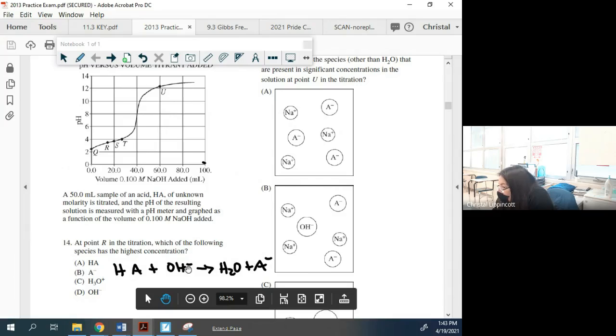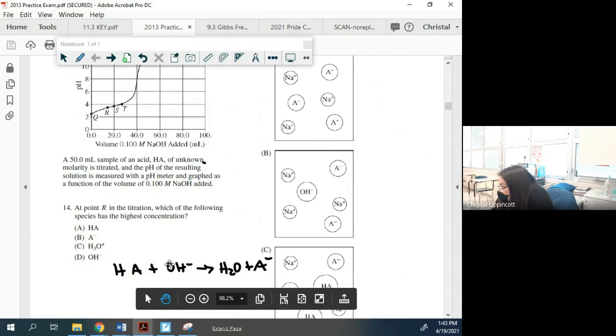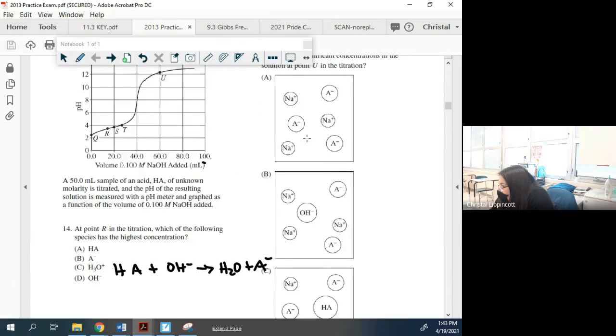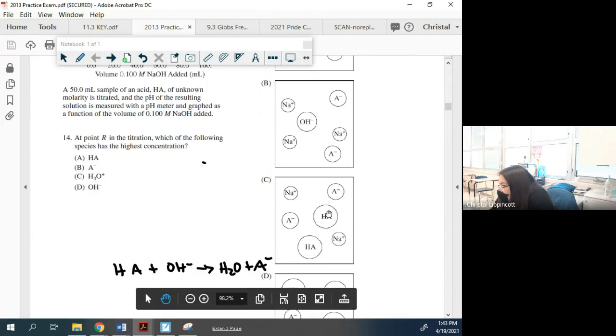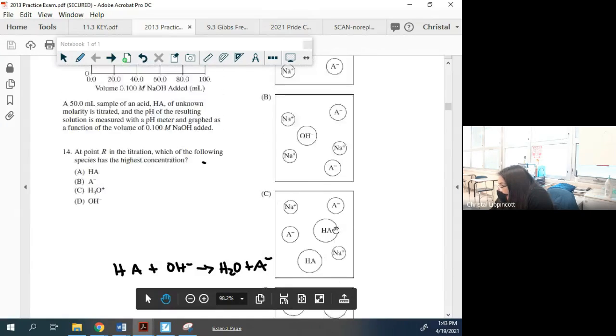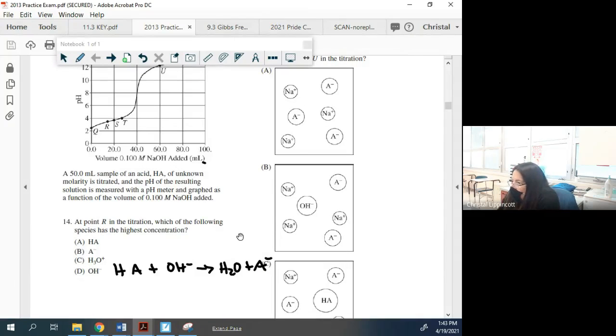I'm also going to have this stuff because I don't have any of this to react with it. And I'm going to have sodium in there because that's part of this OH. So this one is out because it doesn't have any OH present in the diagram. Same deal here. And at that U, I wouldn't have any HA left at all. And again, I wouldn't have any HA left at all there either. So that makes B the correct answer for this one.